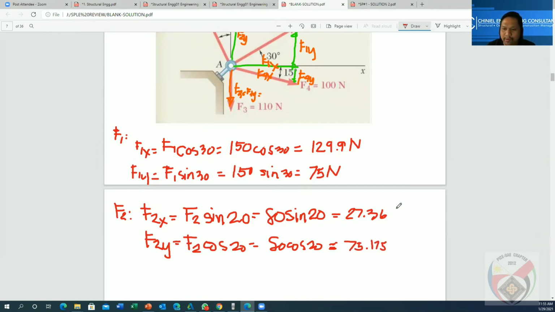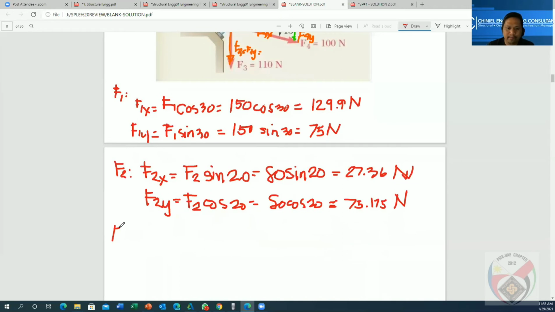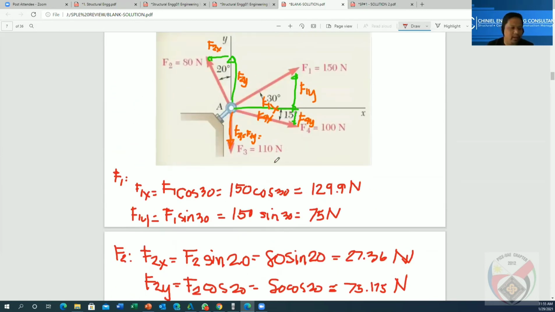75.175. So, these are in Newton. This is in Newton also. Okay? Then, F3. For F3, we have F3x. What is our component in the x direction? Guys, this is our F3. What is the component along the x direction?